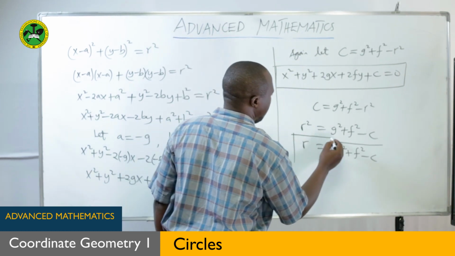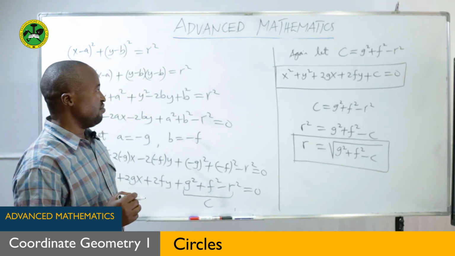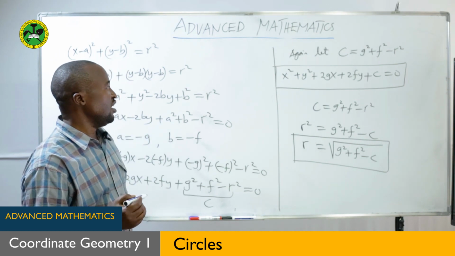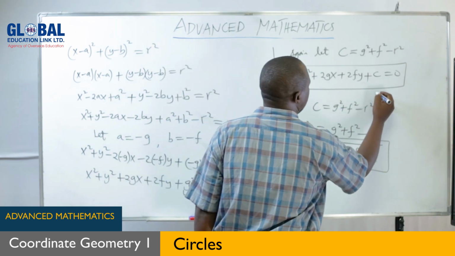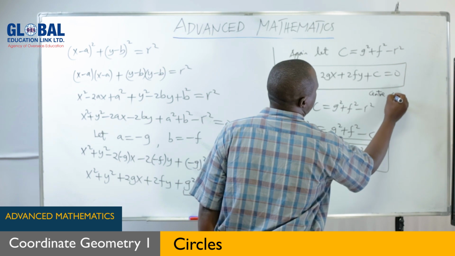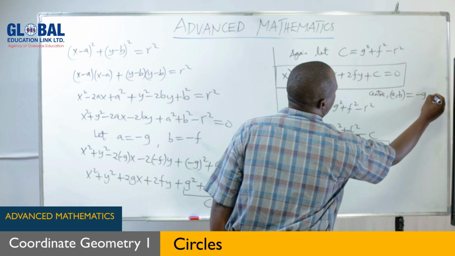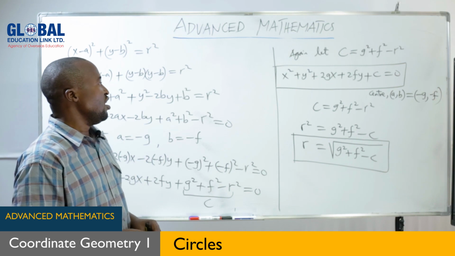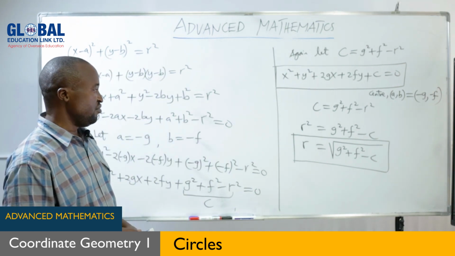So in this way, we can find the value of r. So for such a kind of equation of the circle, remember the center a comma b is now equal to negative g comma negative f. So that is how to find the center of such a form of equation of the circle.